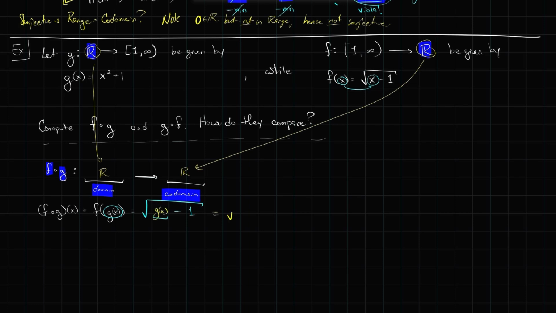And if I want to compute g of x explicitly, I know that g of x is x squared plus 1. So this is the square root of x squared plus 1 minus 1, or the square root of x squared. And now let's keep in mind that a square root is by definition the positive square root. This is something that I actually struggled with a lot when I was in my early undergraduate career. The square root is defined as the positive square root.